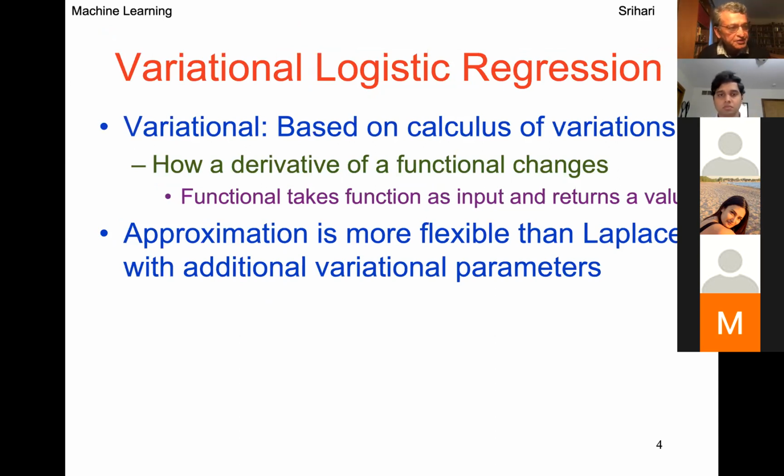An ordinary function takes a value as input and produces a value as output. A functional takes a whole function as input and produces a value as output. Anyway, we'll see that again. The approximation is more flexible than Laplace, with additional variational parameters. So the Laplace approximation is a simple method, but this is a better method.